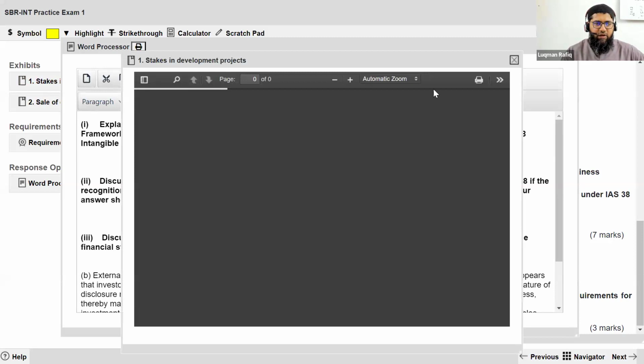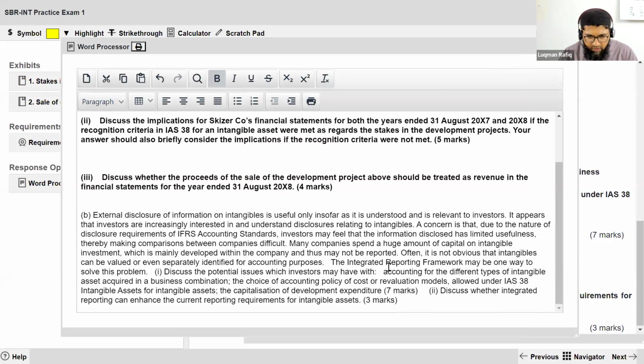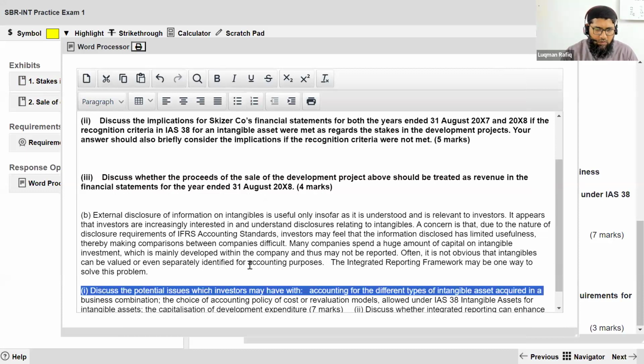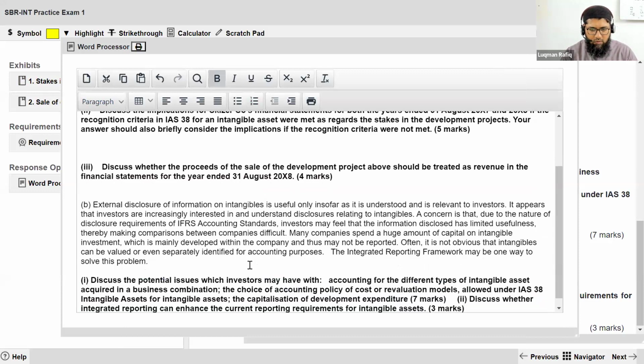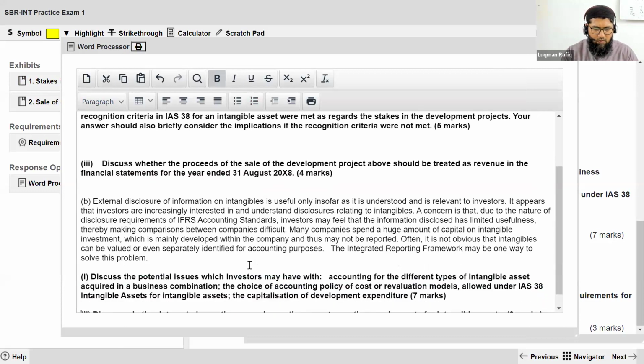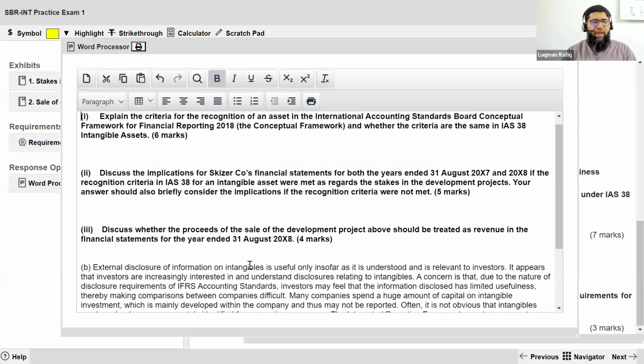Because you see in the examination, there is another part of this question. Here you go. One of the requirements is to explain the criteria for the recognition of an asset.